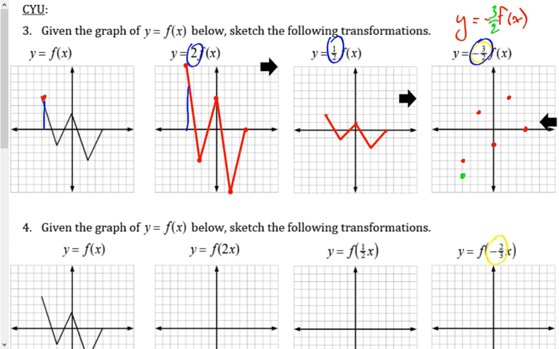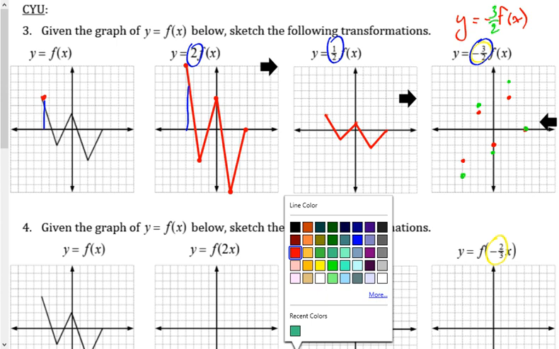My next point, y was 2 times 3 is 6 divided by 2, 3. My next one was -2 times 3, -6 divided by 2, -3. And then the next one will be a 6, and the last one will be the 0. So then I'll draw the line connecting those.